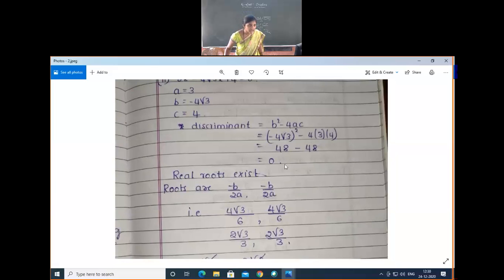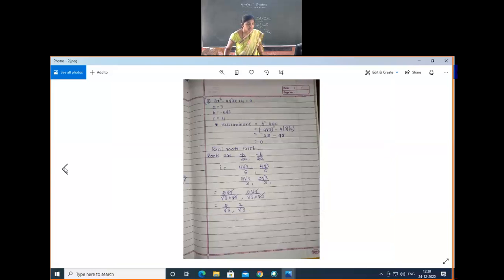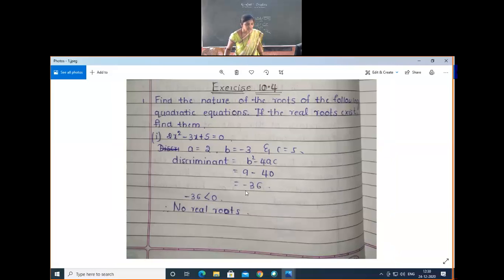Soumya Hegde sent one message, minus 9 minus 40 here. Thank you, Soumya. Here we are observing that there is a small mistake in the subtraction process. 9 minus 40 is minus 31. You just correct that one, students.